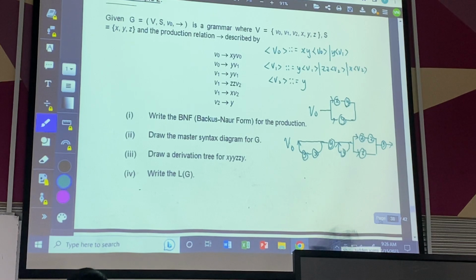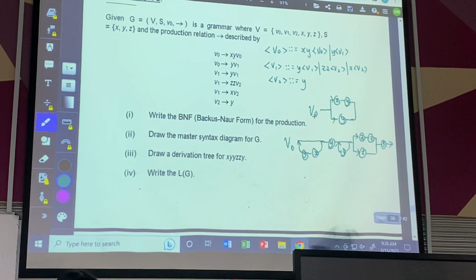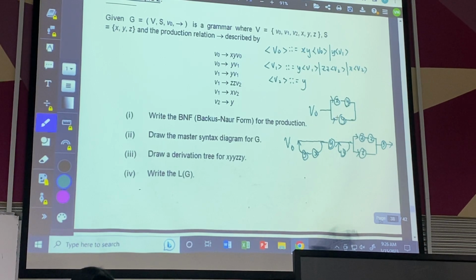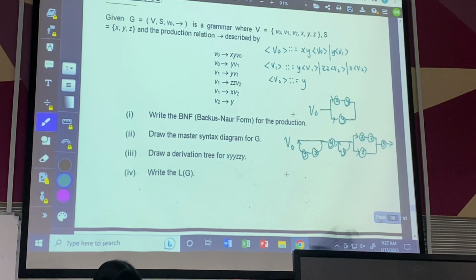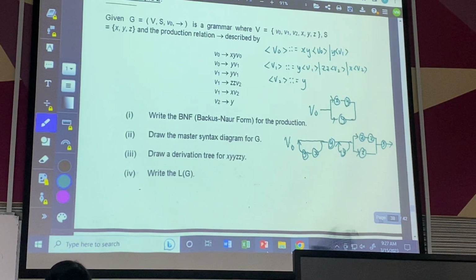That is more complicated already. Okay, this one is not. This one only at V1, go back V1. At V0, go back V0. Then it's okay. Okay, so this is the master diagram.